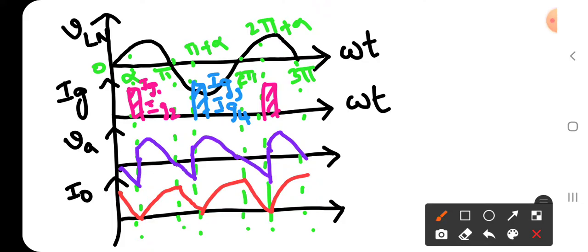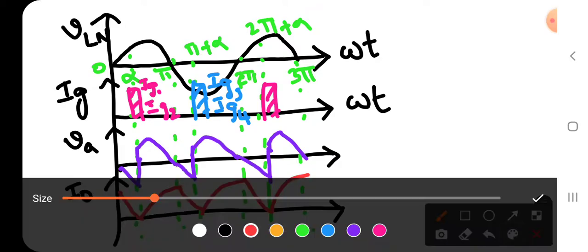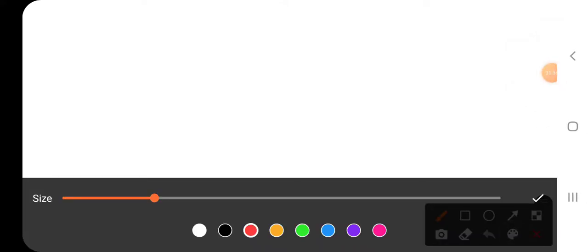Then what about the speed torque characteristics? So let us see. Keep the side heading: speed torque characteristics.